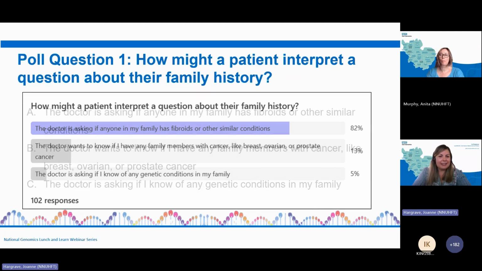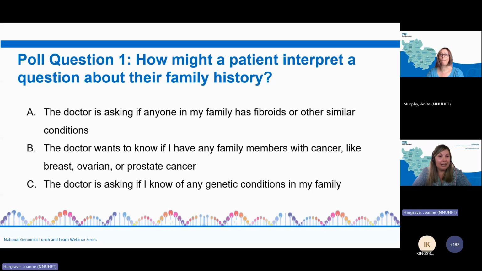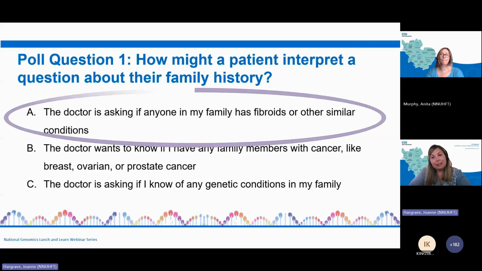So, yes, I would say at this stage, Amira's symptoms and diagnosis of fibroids are the primary focus of that consultation. So it's reasonable for her to interpret that question about relevant family history as referring to conditions of fibroids or something similar.